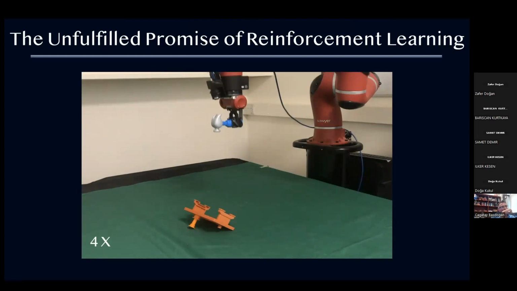There's still a lot of work in the sim to real gap. So if we can train robots in simulation, then of course we don't need to manually do this resetting. And if we can narrow down that sim to real gap, then maybe we can just deploy simulation trained robots in the real world. But it's still quite difficult to design reward functions across a large, diverse set of tasks, which is the case in robot manipulation.